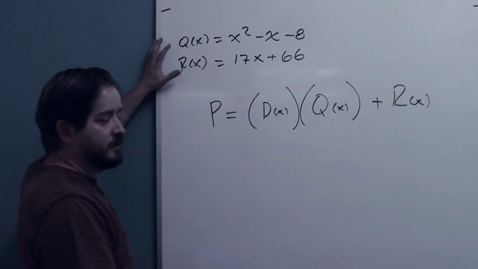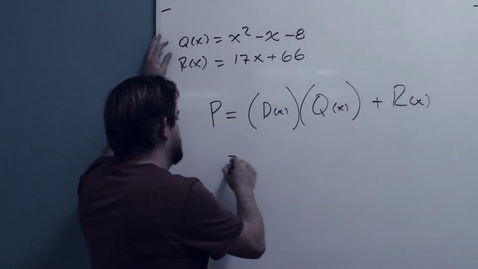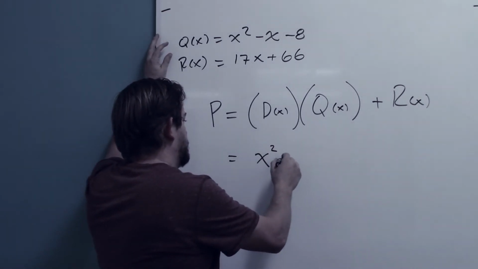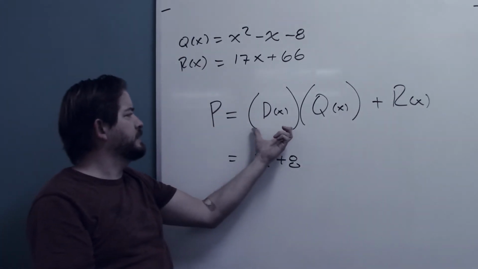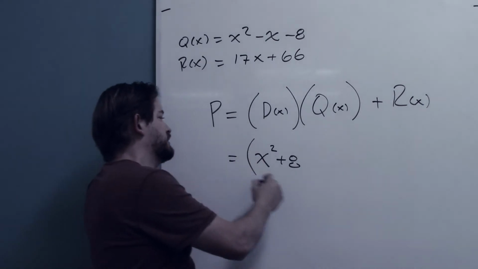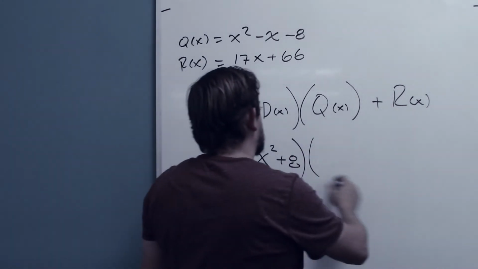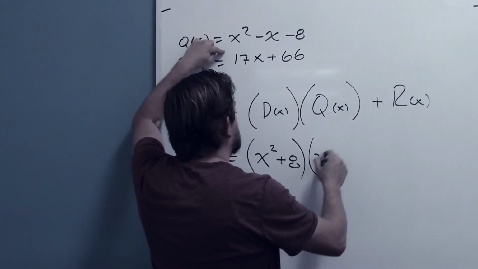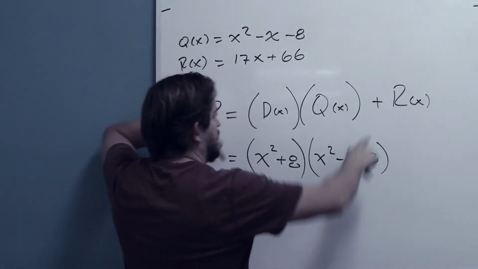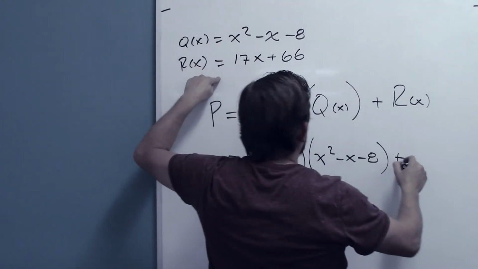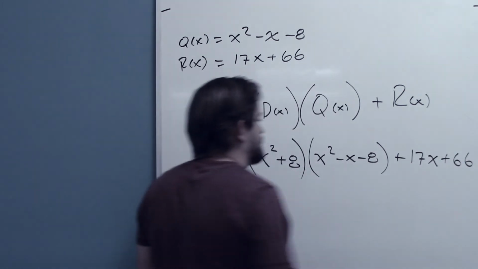D was my divisor. That was what was in the denominator, which was x squared plus 8. I know there's a lot of parentheses going on here, but these parentheses are around d of x, so that's just parentheses around the factor x squared plus 8. These parentheses are around the quotient, which is x squared minus x minus 8. And then I have this plus r of x, which should not be in parentheses, so it's plus 17x plus 66. Right?